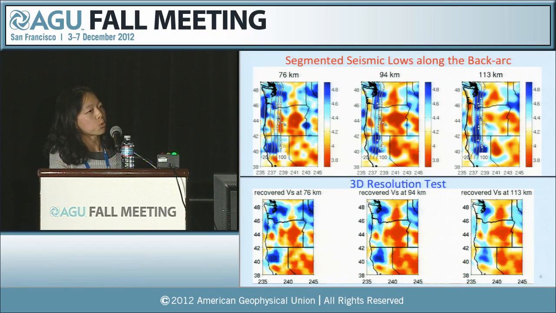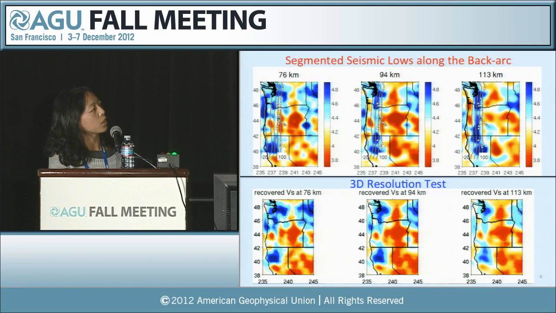The most striking feature in this seismic imaging is the low velocity volumes in the backarc along strike, especially at 94 kilometers. As shown in this figure, they are segmented and correlate very well with the 3 segments of the volcanic arc.